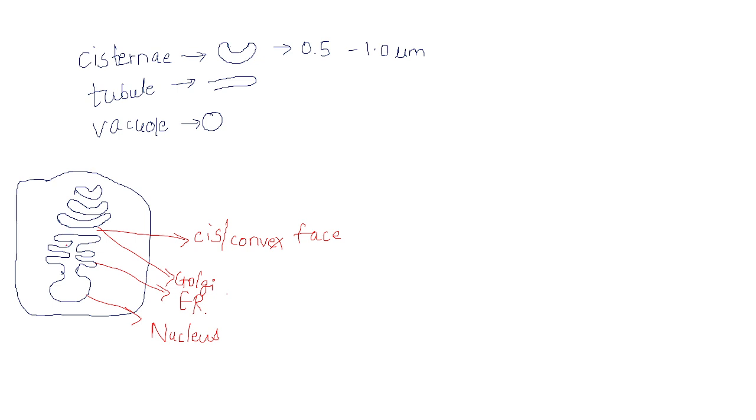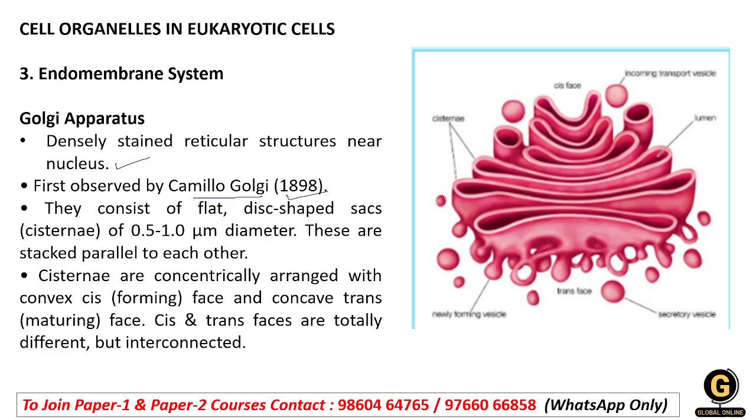Students, इथे बघा, हा ER आहे, ER च्या जवळ असेल तर त्याला convex phase, but ER पासून लांब असेल, yes, the phase away from the ER is called the trans or concave phase, or also called the maturing phase. Is it clear, students?